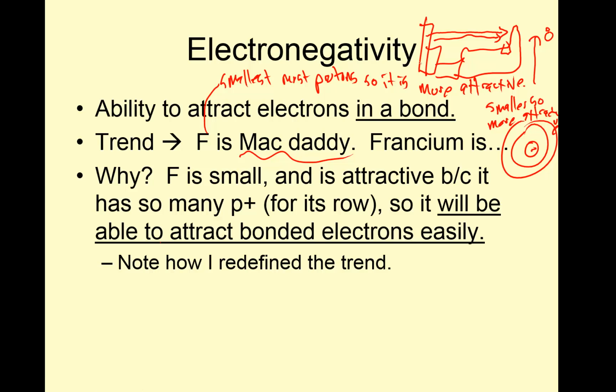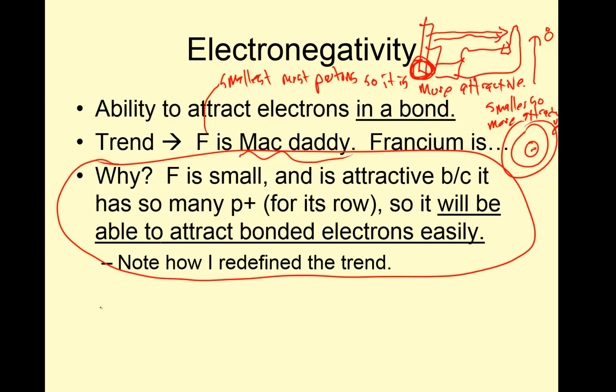Francium is the opposite. Francium is down here at the bottom of your periodic table. Fluorine is small and attractive because it has so many protons for its row, so it will be able to attract bonded electrons easily. This is the whole answer. Now, francium is a big loser. Those of you taking European history will find out this is often true. Remember, you get bigger as you go down.